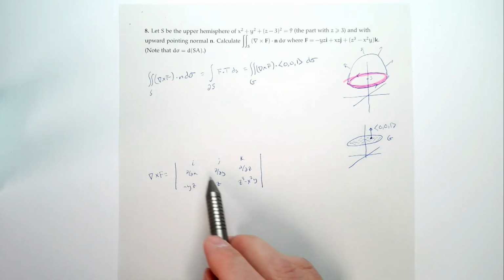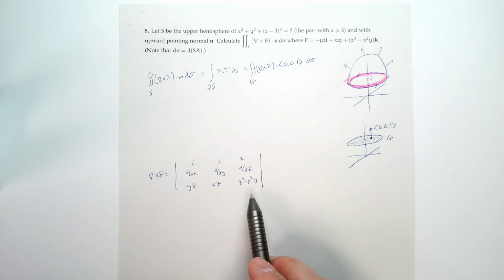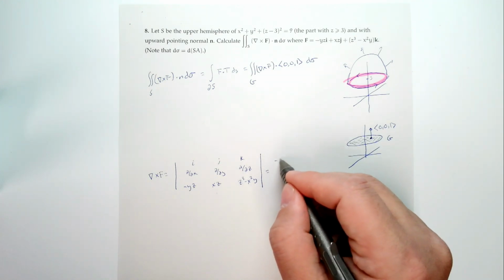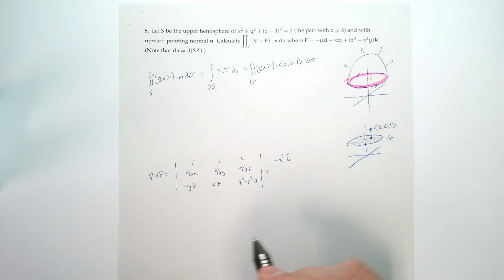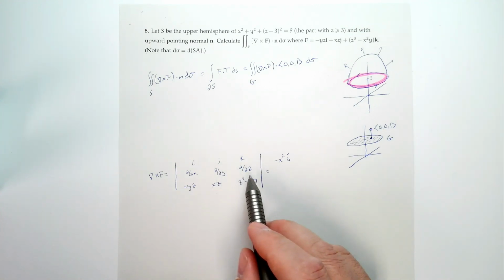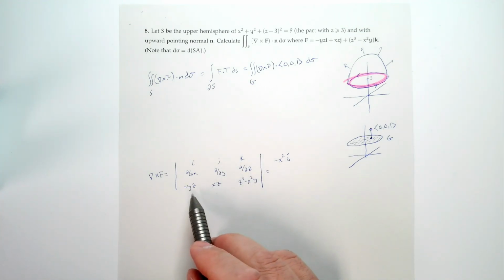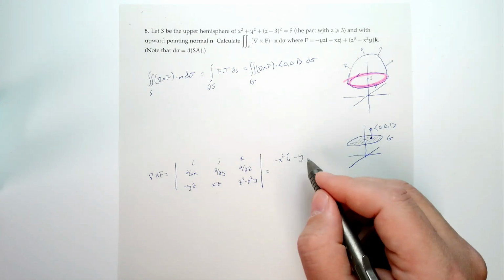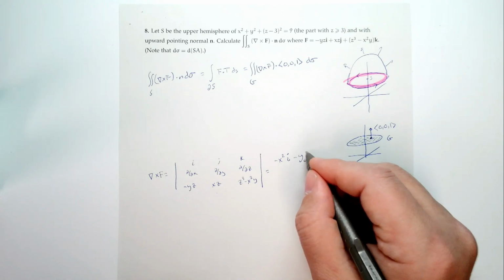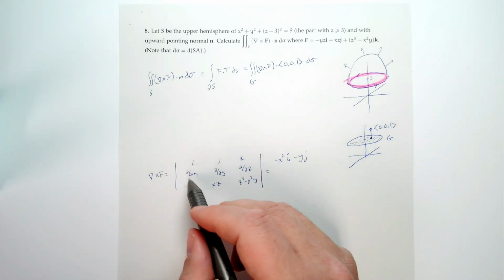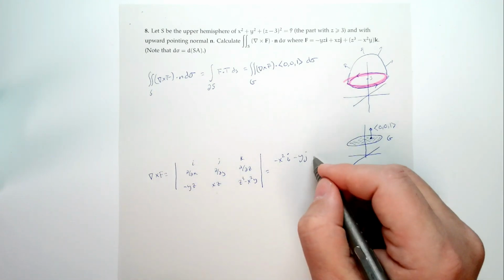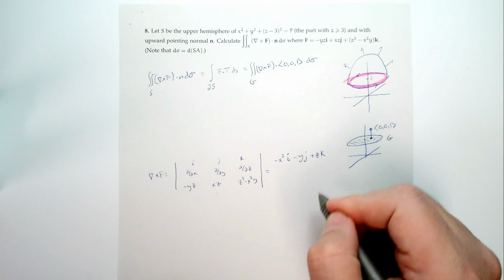So i, partial y of z cubed minus x squared y. So there's a y there, so when I take the derivative with respect to y, I'll get negative x squared in the i direction. j, partial z of minus y times z. So that would be minus y, and that's in the j direction. k, partial x of xz, well, that's going to be z, and that's in the k direction.